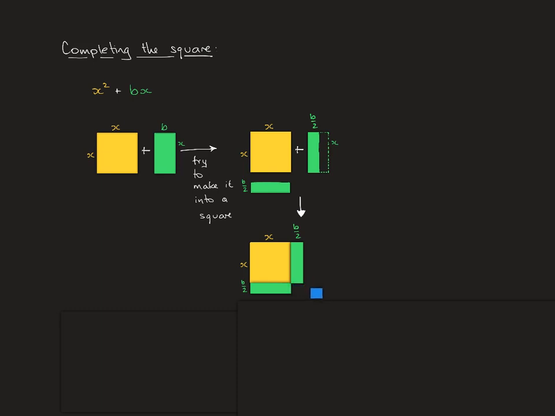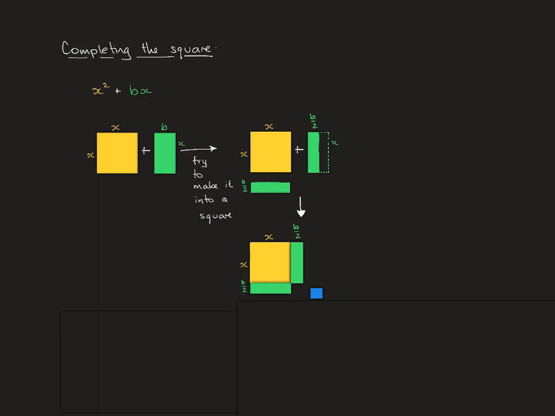So you can see that the side length of the yellow box is x. The side length of these shorter rectangles, because remember I chopped it in half, was b wide, now it's b divided by 2 wide. And this side is also x plus b divided by 2. So this side here is b divided by 2 and this side here is b divided by 2.